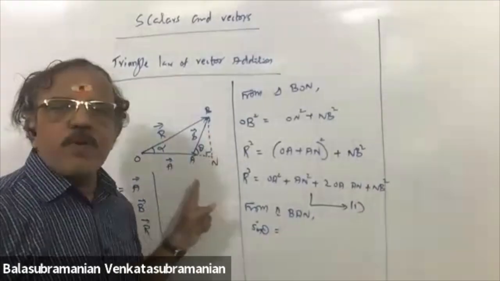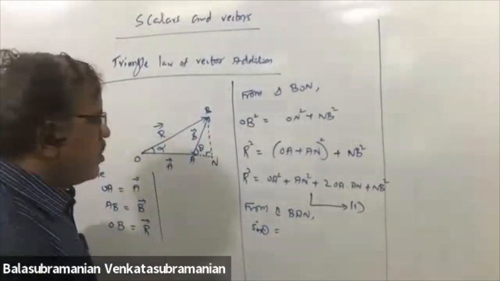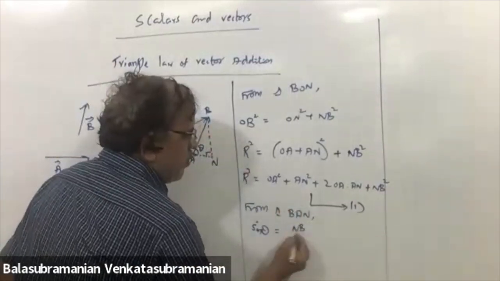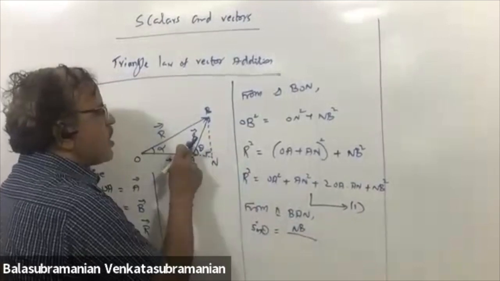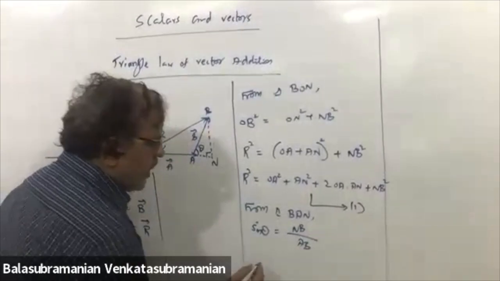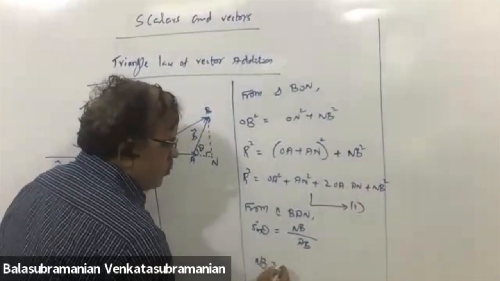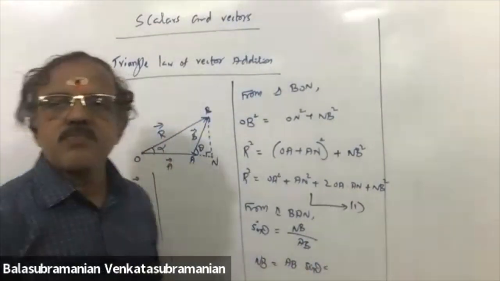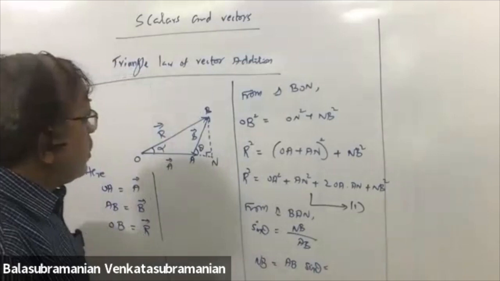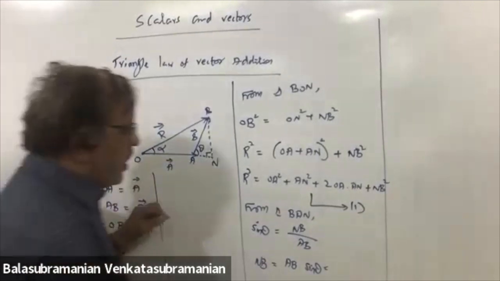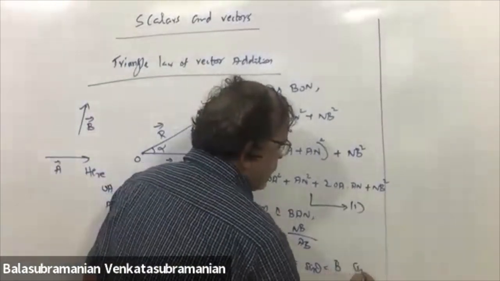Opposite side by hypotenuse. What is the opposite side of this theta? NB. Hypotenuse means the side opposite to 90 degrees, AB. So I can write NB is equal to AB sin theta. What is AB? Already we know it is B. So I can write B sin theta.